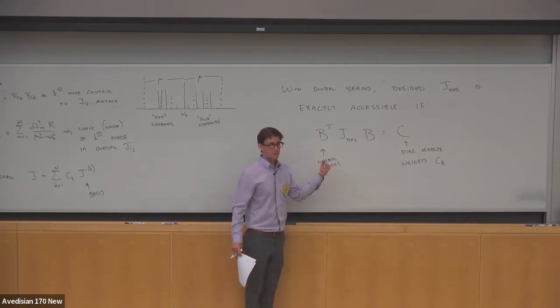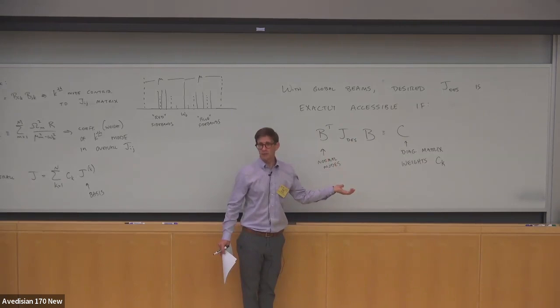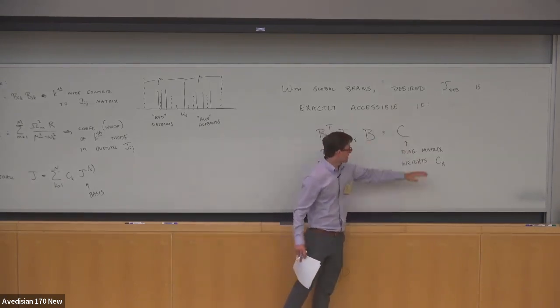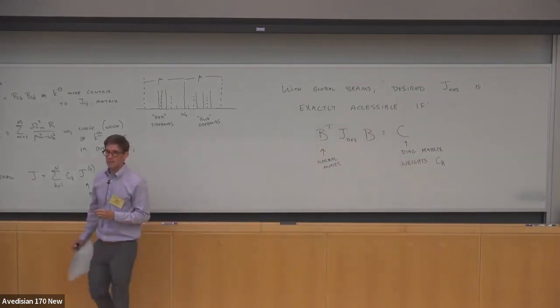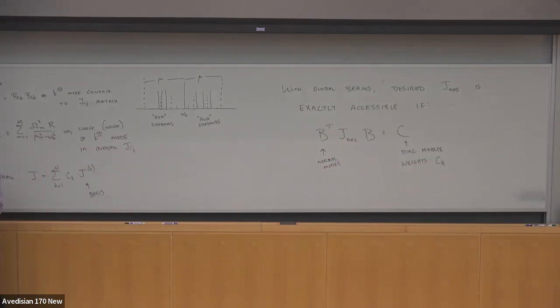That matrix is either not diagonal, in which case the answer is you can't do it with global beams only, or it is diagonal, in which case the diagonal elements say exactly with what weights you should add up those basis matrices. Okay, it gives you exactly the roadmap for how to do it. Right. Questions on that?